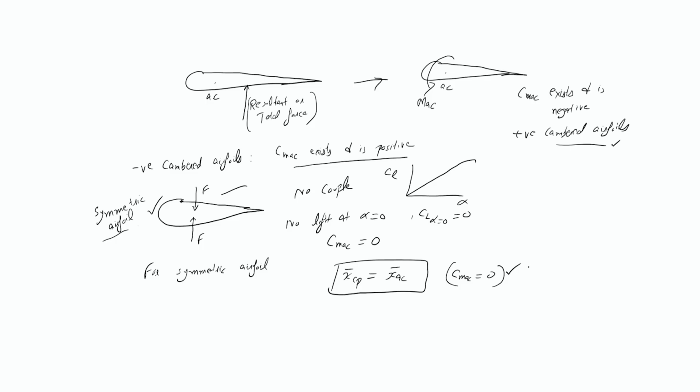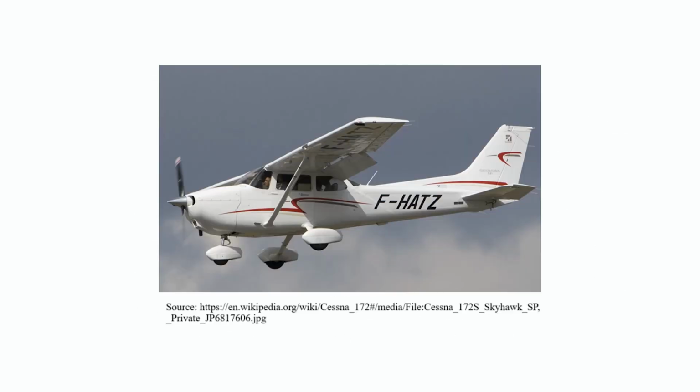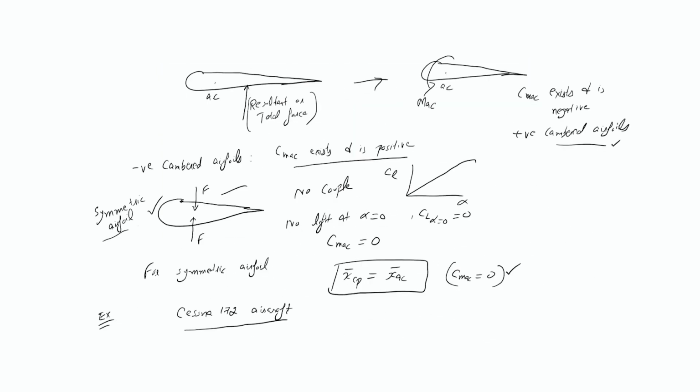Now let us demonstrate this with an example. Consider a Cessna 172 aircraft. The Cessna 172 is a light aviation aircraft which looks something like this. Let me denote the parameters of the Cessna 172. The weight of the aircraft is 1000 kg.